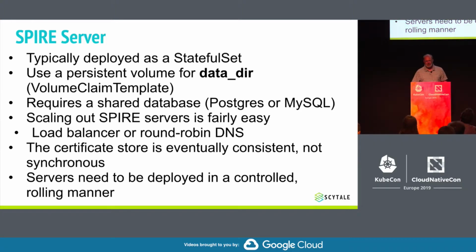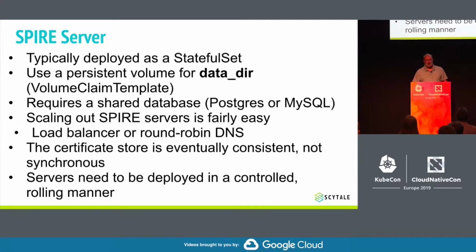That's not a requirement, but it really depends on what configuration you have set up, because Spire is pretty adaptable and configurable for different environments. For Kubernetes, most likely you're going to require a persistent volume for the data dir. A volume claim template in a stateful set is a really powerful way to let Kubernetes manage that volume so you don't have to provision it separately. And I'll go into a little bit more detail on that.